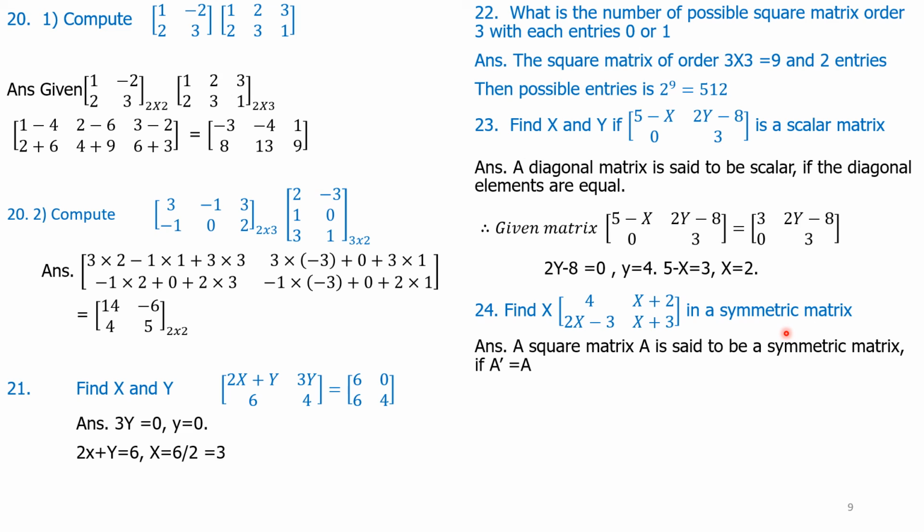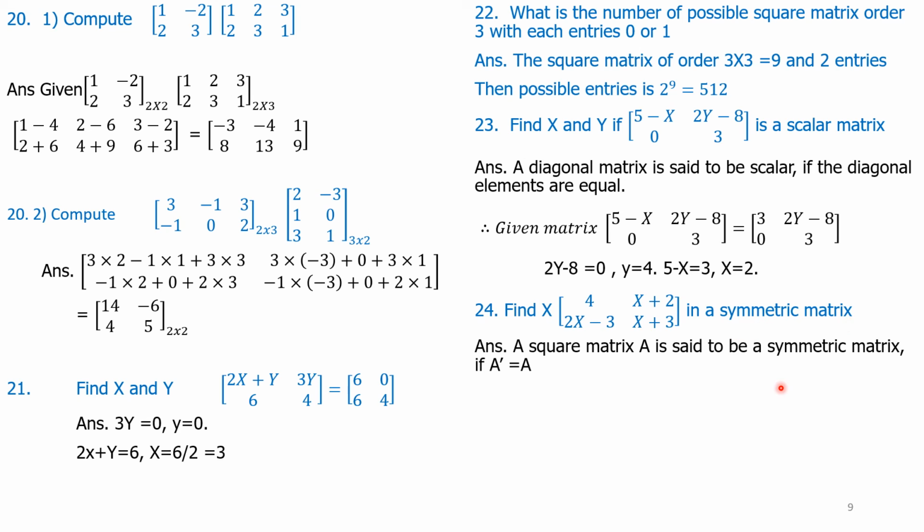So definition of square matrix, A is said to be symmetric if A dash is equal to A. So the condition for a symmetric matrix is it should be a square matrix and A dash should be equal to A. So it is given that it is a square matrix. See here, it is a square matrix. 4x plus 2, this is 2 by 2. It is a square matrix and he has given it as a symmetric matrix.